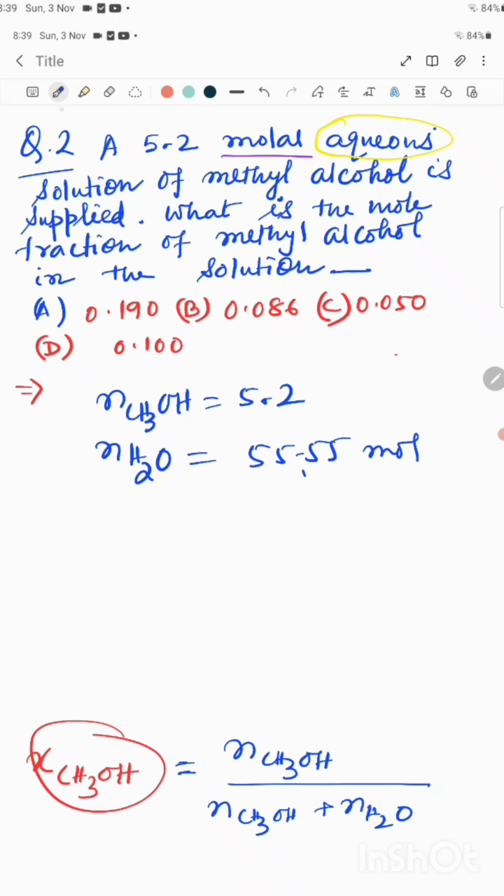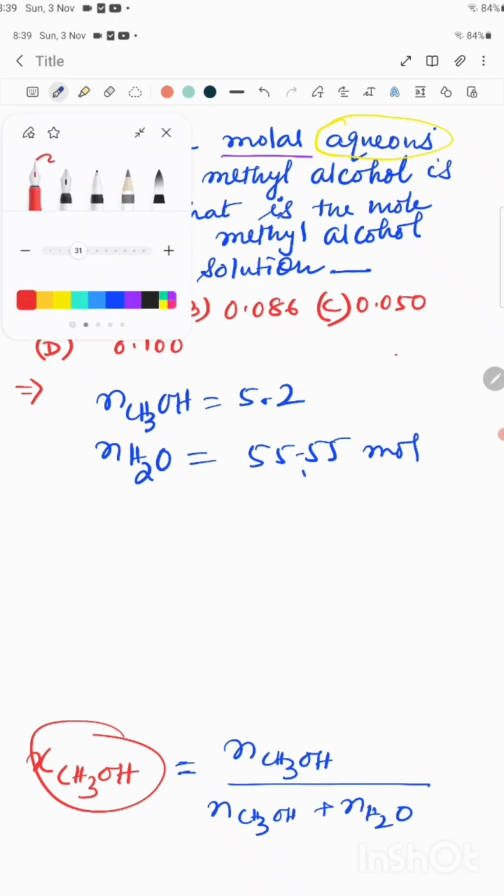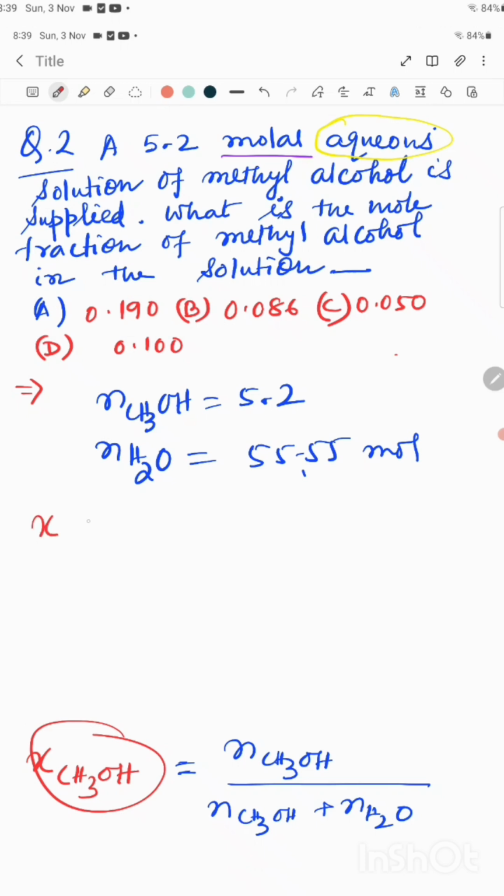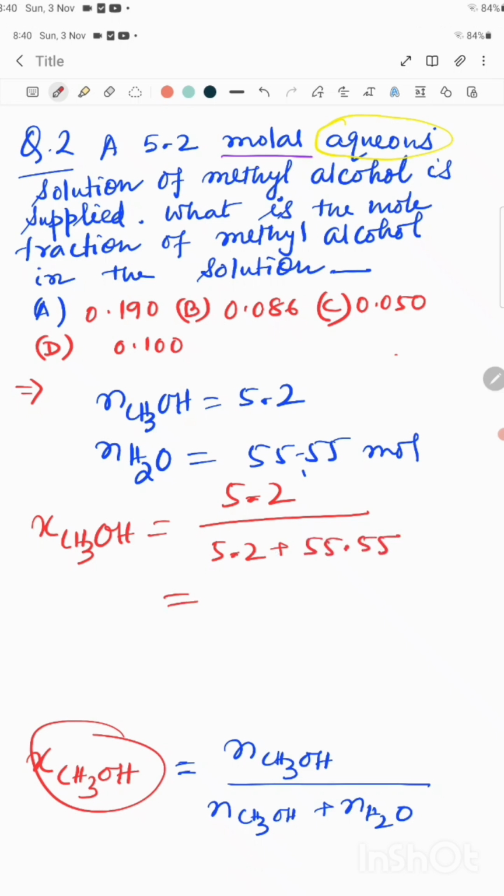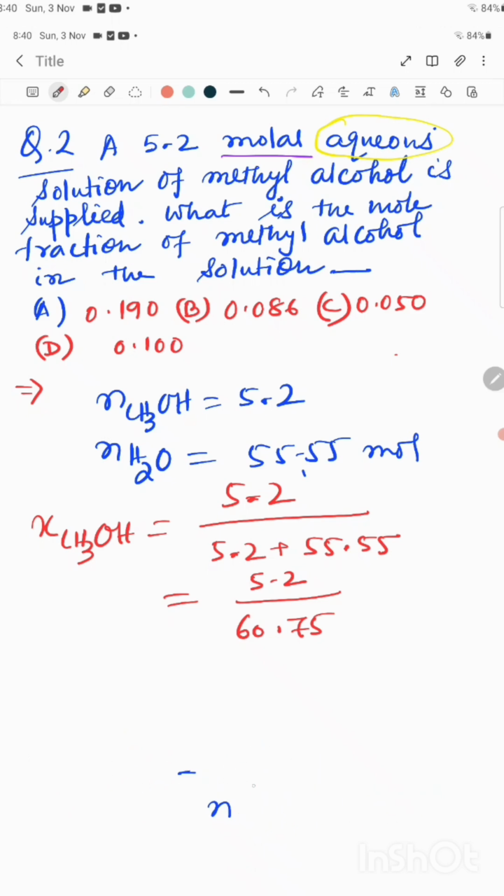Now we will put the values: XCH3OH will be 5.2 by total, that means 5.2 plus 55.55, that is 5.2 by 60.75.